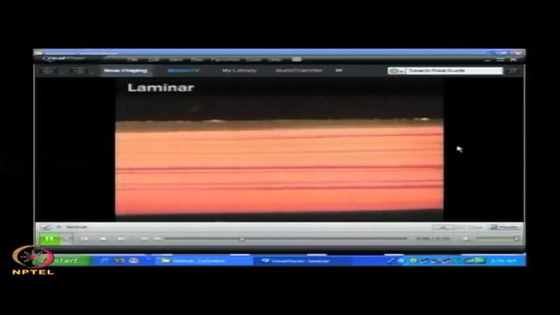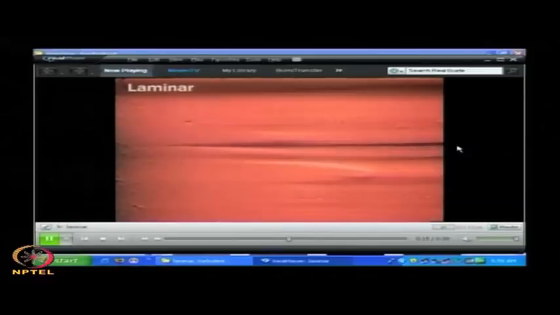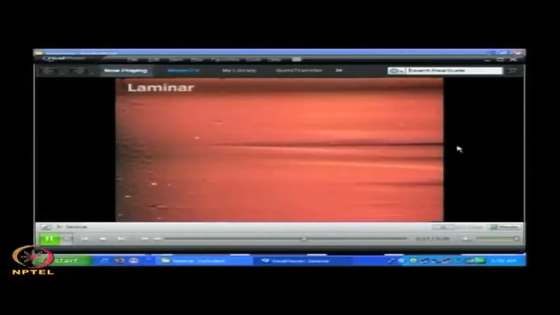This is a flow through a tube experiment, so it is a laminar flow. A colored dye was injected and it is just following a parallel motion, and we may look into an overlay of this laminar flow with the turbulent flow that we are talking about.